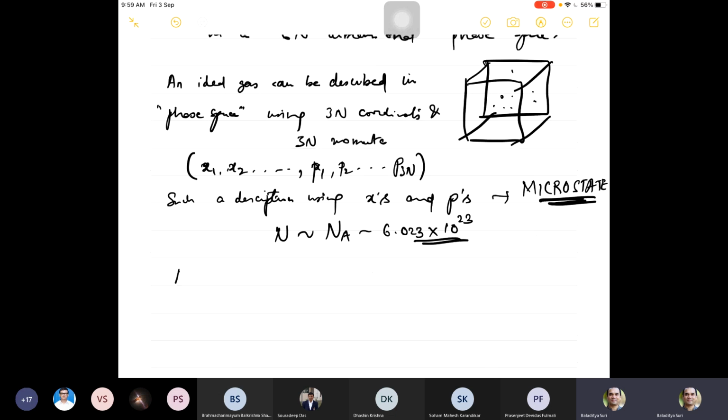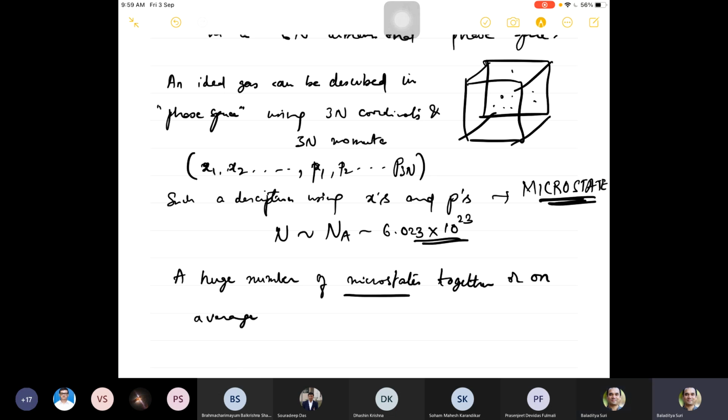A huge number of microstates together, or on average, describe one macrostate. Okay, so because of this averaging effect over a very large number of microstates, a macrostate becomes a more feasible description.